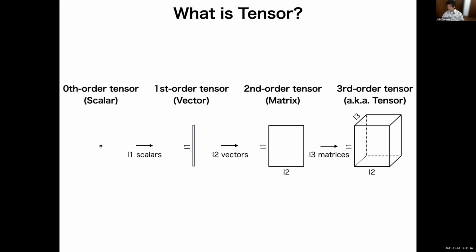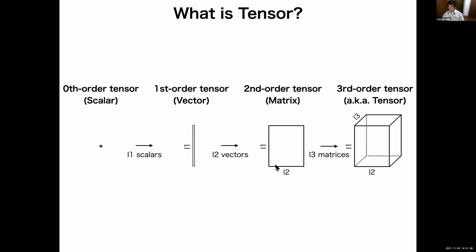First of all, I explain what is tensor. Briefly speaking, a tensor can be considered as a generalization of data representation. For example, a scalar value is tensor. This is called zeroth order tensor. A vector is also tensor. This is called first order tensor. A matrix is tensor.